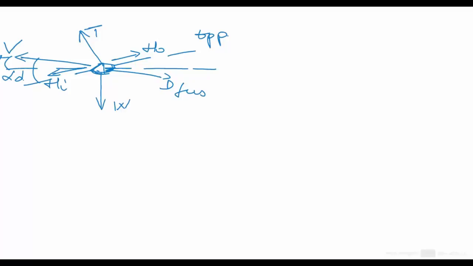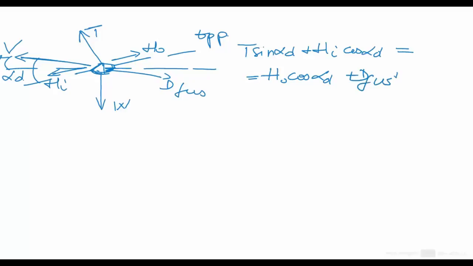So this is the velocity vector. If you write the equilibrium of forces here, you have that T thrust multiplied by sine of alpha disk plus H cosine of alpha disk equals H0 cosine of alpha disk plus the drag of the fuselage plus weight multiplied by the sine of gamma, so in a climbing flight.